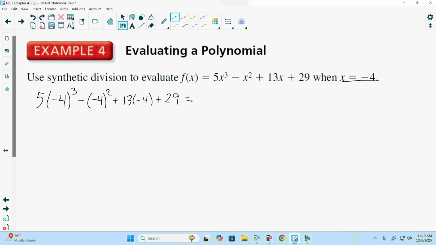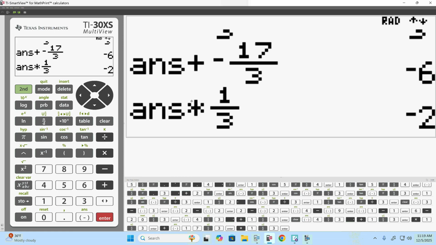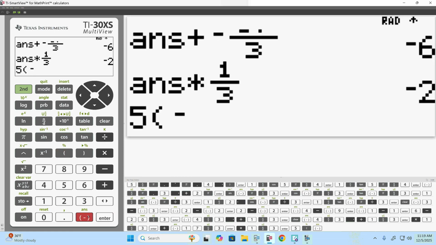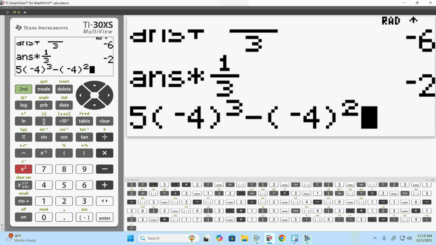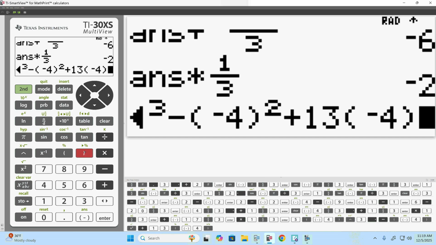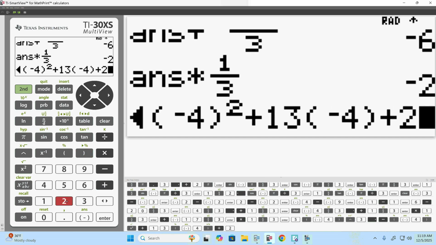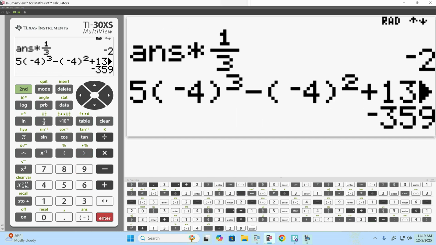I would rather let the calculator do these kinds of calculations. So 5 times -4 cubed minus -4 squared plus 13 times -4 plus 29. And we get -359.